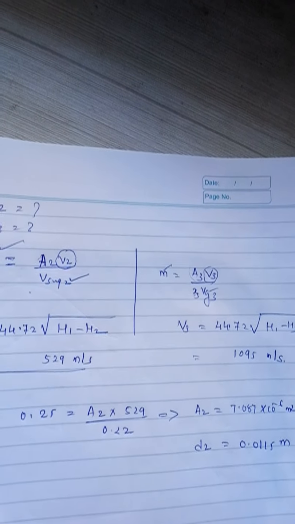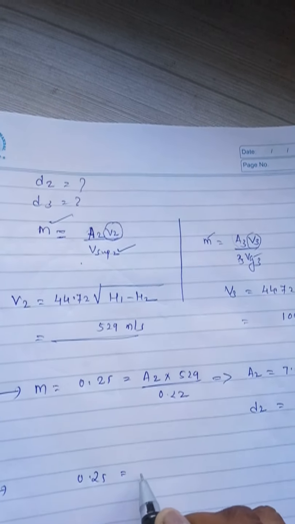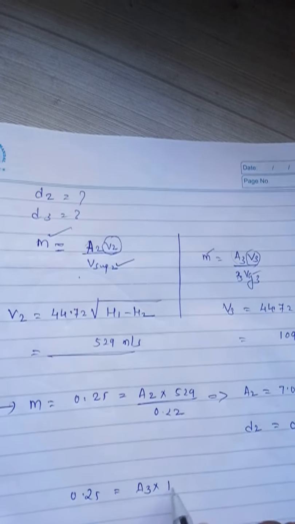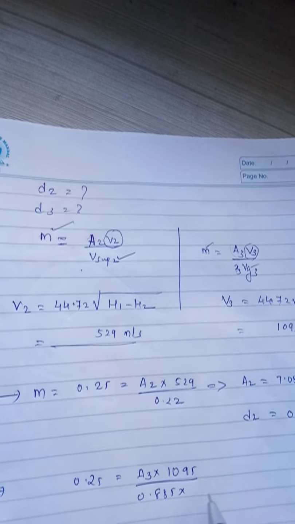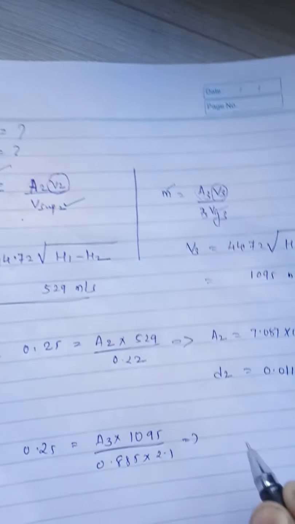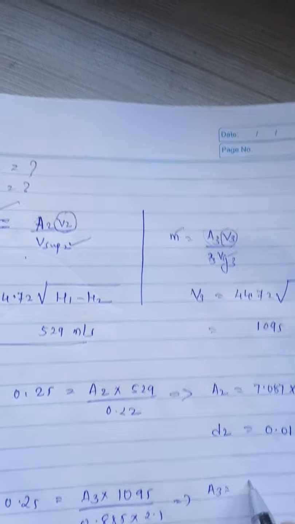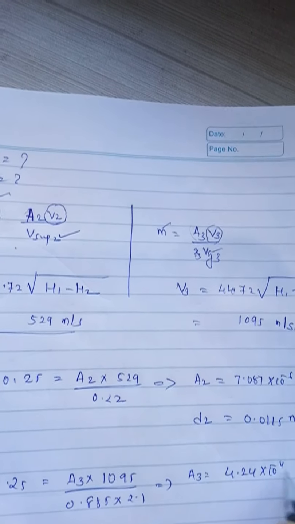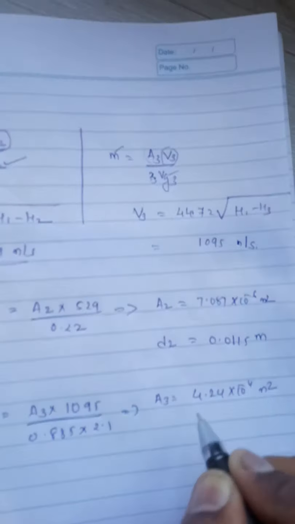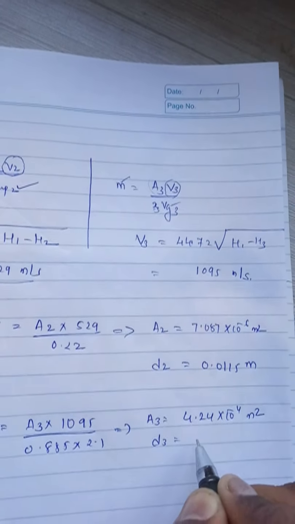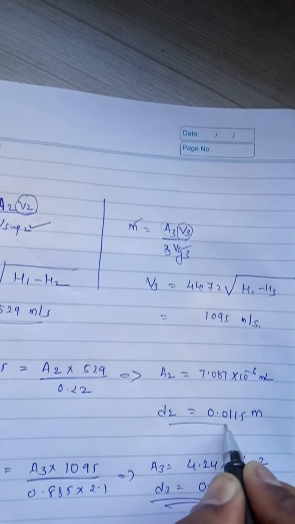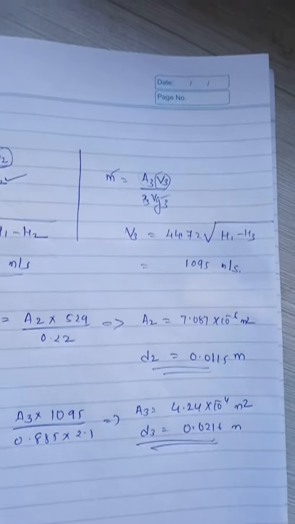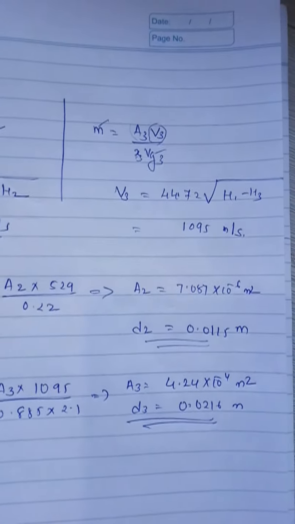And similarly, second one also, 0.25 is equal to A3 into 1095 divided by X3 0.885 into 2.1. From this you will get A3 is equal to 4.24 into 10 raised to minus 4 meter square. From this you can get D3 is equal to 0.0216 meter. Check whether it is increasing or not, D2 to D3, right, because it is a divergent nozzle at the end.